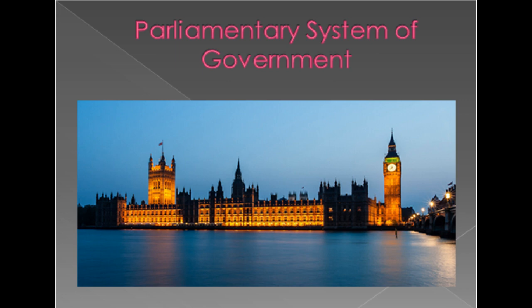The governance is carried out in accordance with traditions, customs and conventions. The British Parliament is an institution that has evolved over a period of time. The parliamentary system of government, having its roots in parliament, remember I told you the word parliament comes from the French word parler, to talk, is considered a contribution of England.